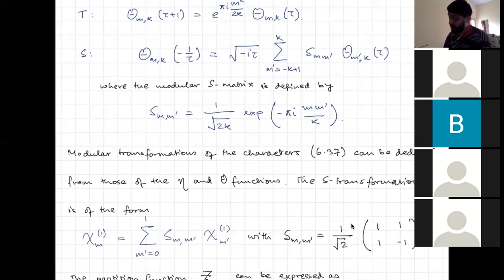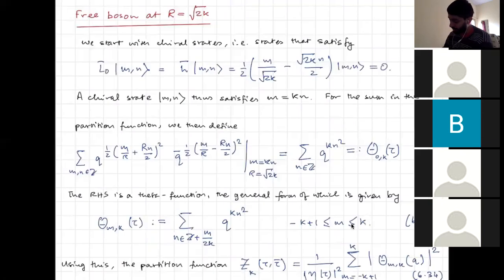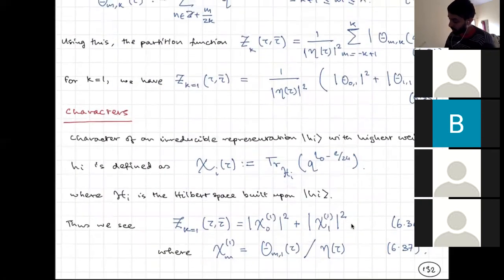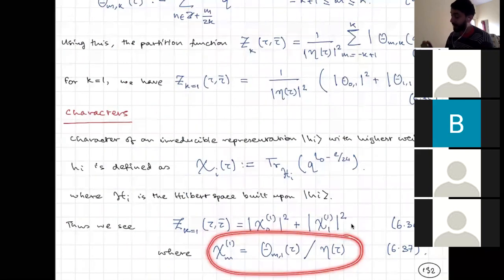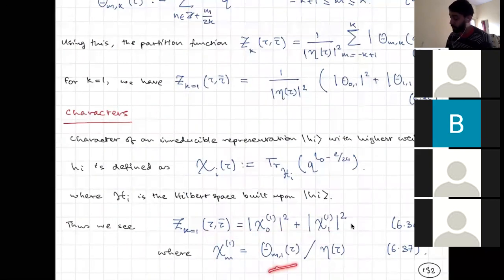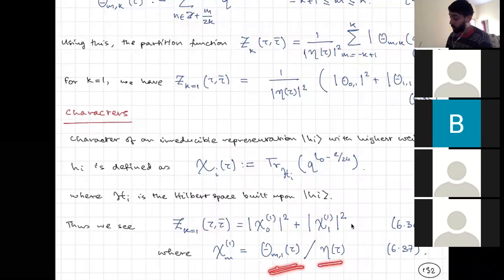So the S transformation is essentially of a form like this, where this S_MM' is this particular matrix. Now if you go back to the modular transformations of these guys that we wrote down out here, you know the modular properties of this, and you know the modular properties of the eta.